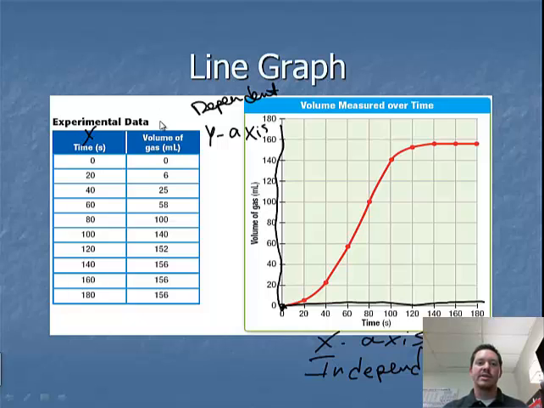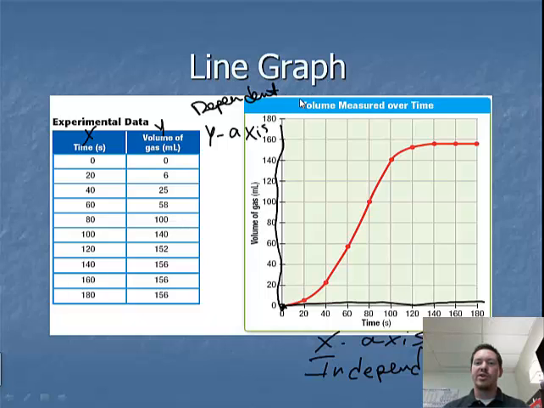When I'm using the x, this is how much I go from left to right, and when I use the y information, this is how much I go from bottom to top. Then I connect the dots to show what kind of trend I have. I have this upward trend on this particular graph.